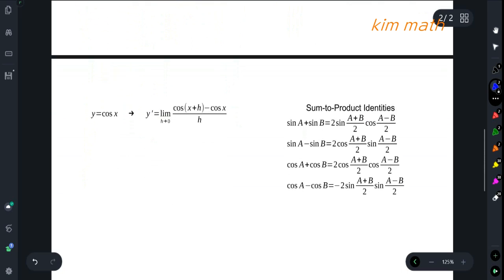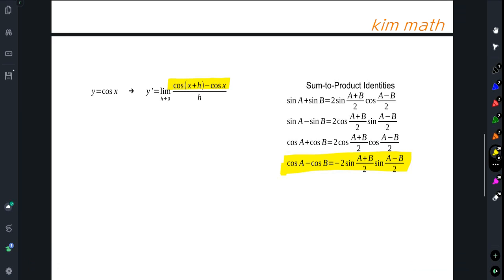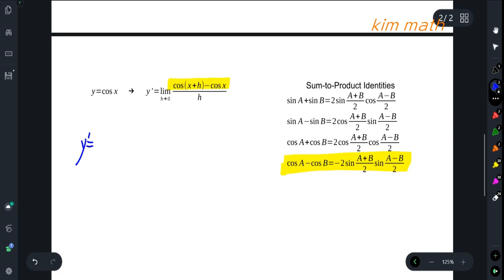Now, I will show you the same result with a different identity. If you think of this whole thing as a group, this is the same format as this one, right? From the sum to product identity: cosine of something minus cosine of another thing. Good. If I use this one, now how can you write y prime as the limit as h approaches 0?